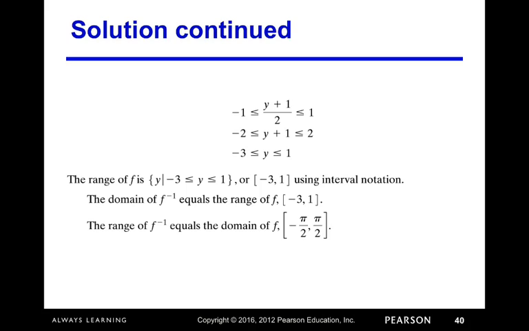Okay, so the range of our original function is negative 3 is less than or equal to y, which is less than or equal to 1, or in interval notation, square bracket, negative 3 comma 1. And the domain of the original function was already restricted from negative pi over 2 to pi over 2, so that's going to equal the range of the inverse.